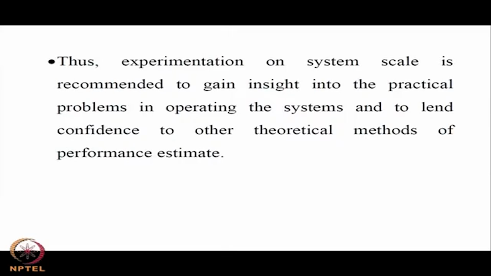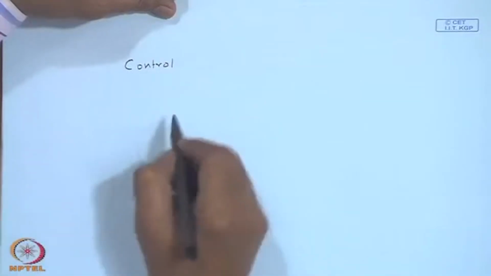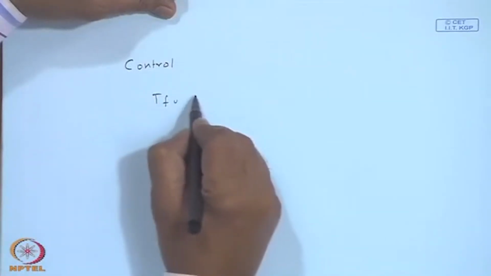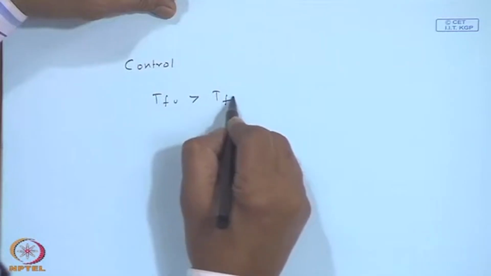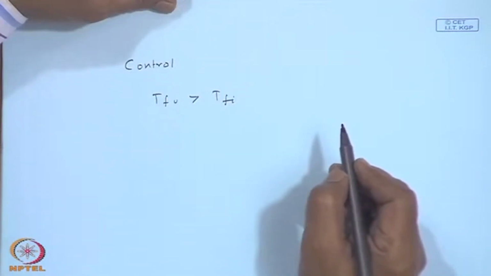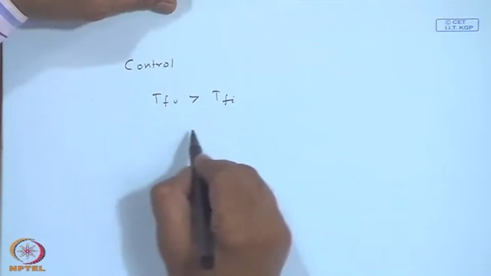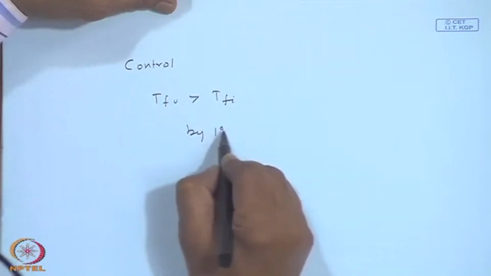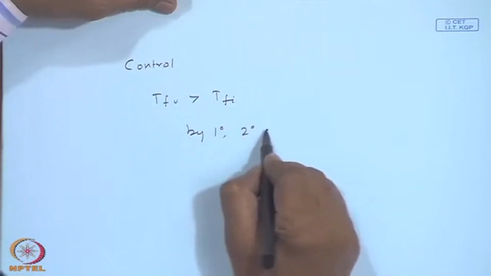For example, if you consider a control, so that TFO is greater than TFI, outlet temperature from the collector is higher than the inlet temperature. How much? By 1 degree, 2, or what?